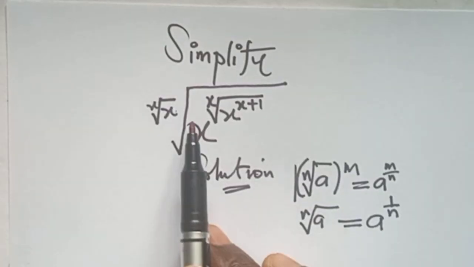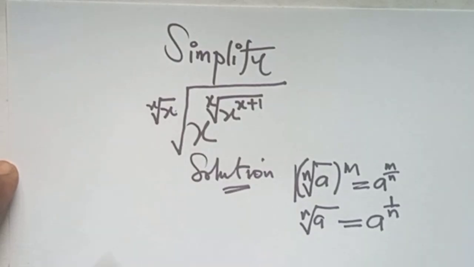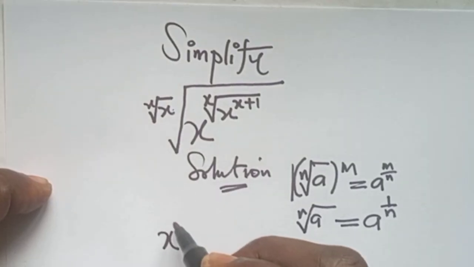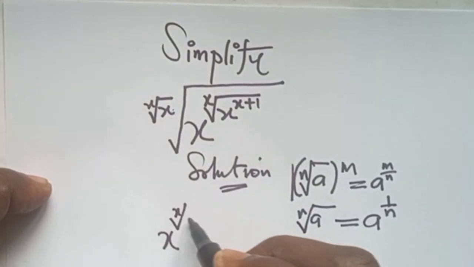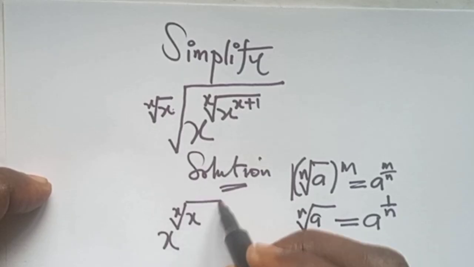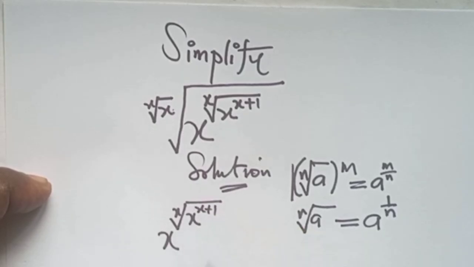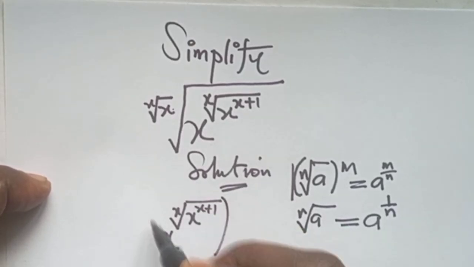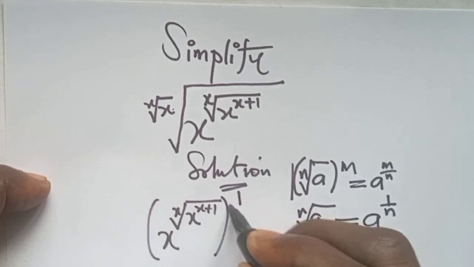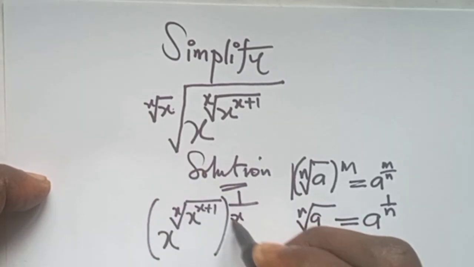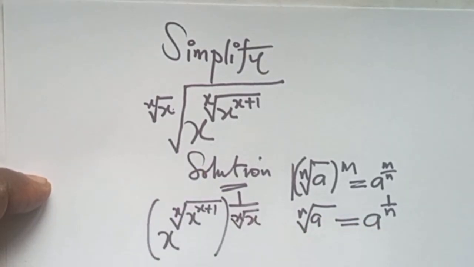So we're going to apply this here, and our equation will become x to the power of x root of x to the power of x plus 1, to the power of 1 all over x root of x.